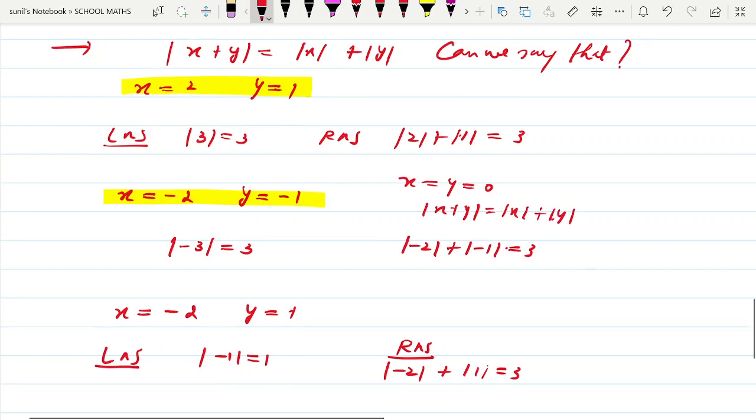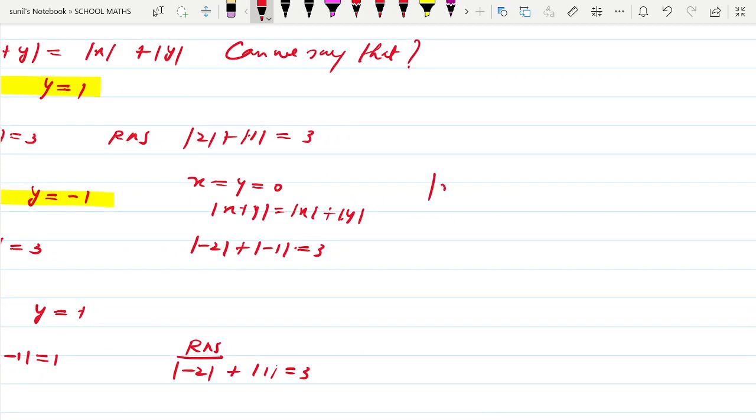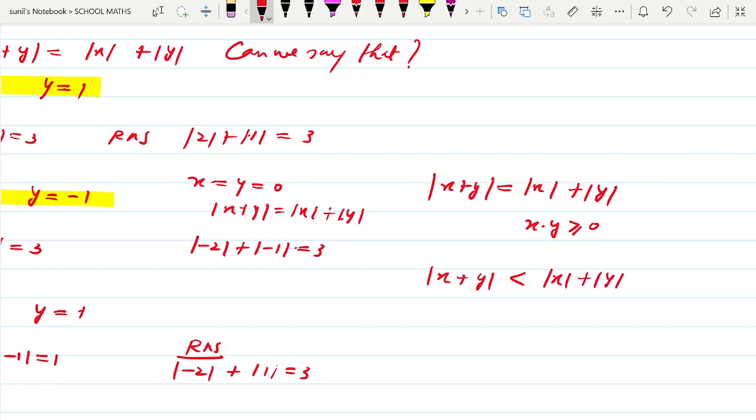So we can say that mod of x plus y equals mod x plus mod y if x into y is greater than or equal to 0, and mod of x plus y is strictly less than mod x plus mod y when x and y have opposite signs.